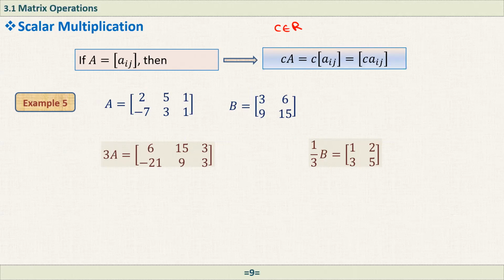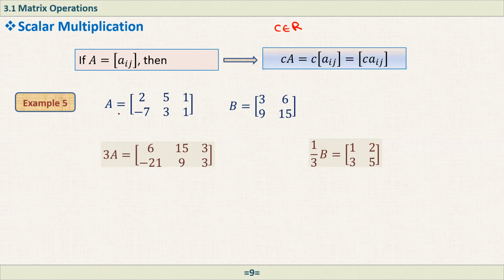How do you multiply a matrix by a scalar? If we need to multiply matrix A by C, that means we need to multiply each entry by C. It's C times Aij. This is how we show this using a compact notation.